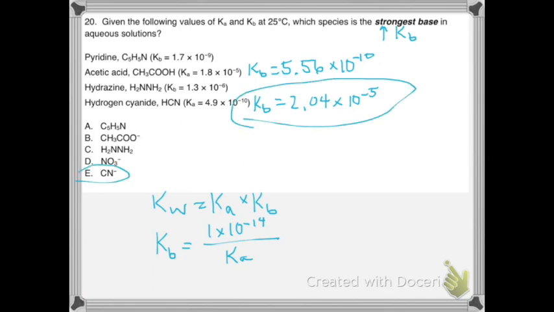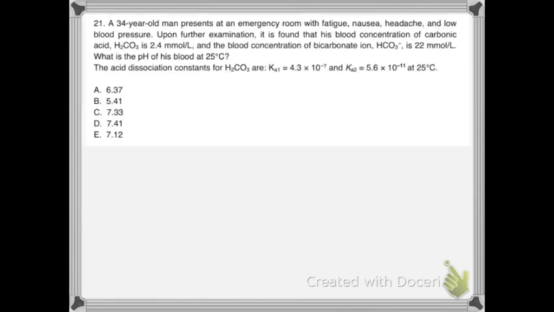In problem 21, we have a man presenting with symptoms to the emergency room. In his blood test, they find out his concentrations of bicarbonate and carbonic acid. And they want to figure out the pH of his blood. So let's write a reaction that relates these two species.